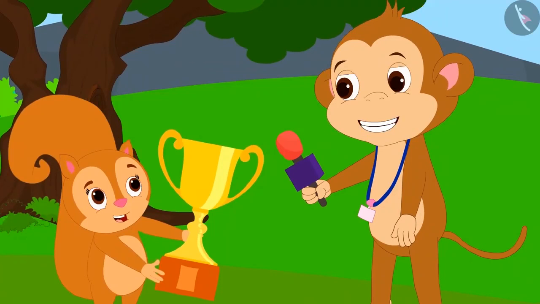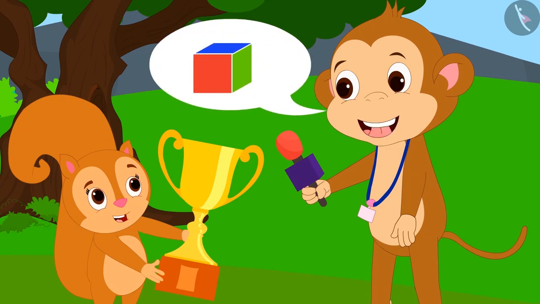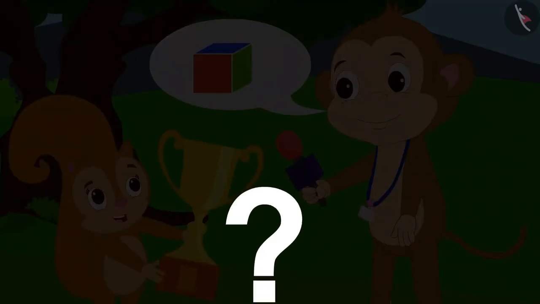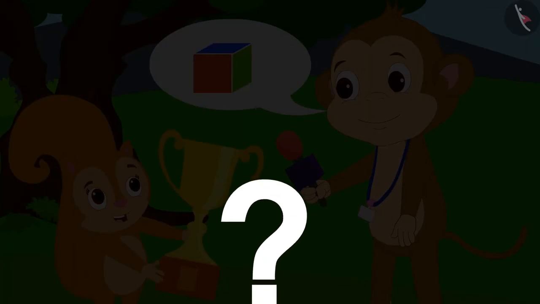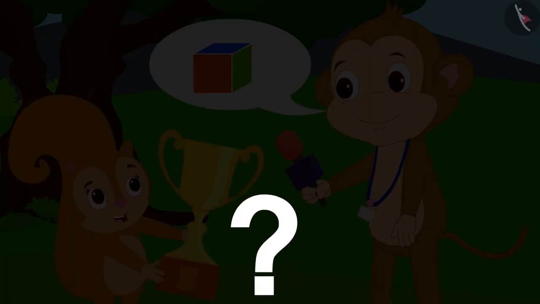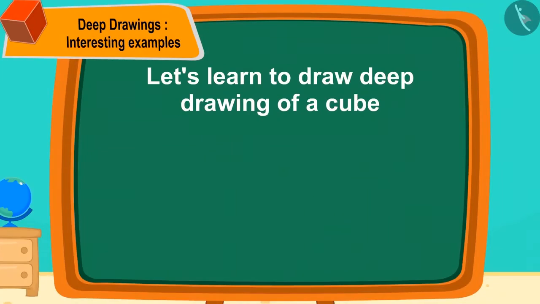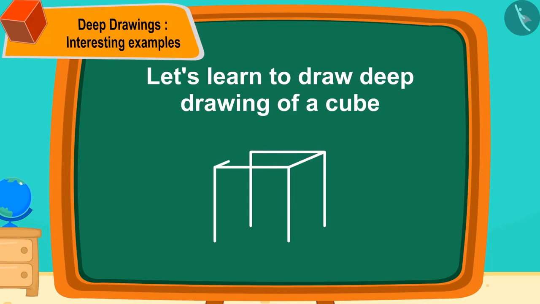Everyone is asking Chanda how she made a deep drawing of a cube so easily. Do you also want to learn this? Come, let us all learn to draw a deep drawing of a cube from Chanda. Chanda drew 4 vertical lines like this on a paper first. Then she connected the ends of those lines like this.